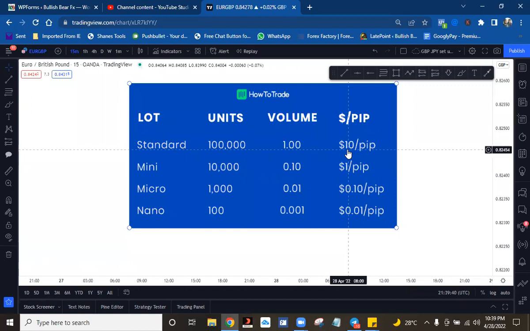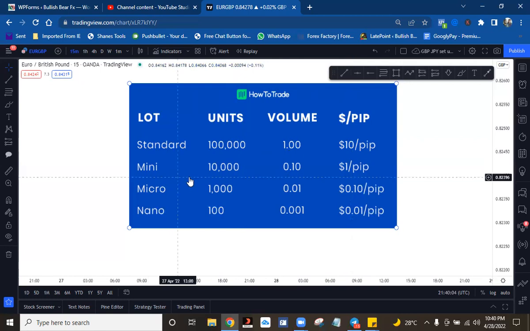Very soon we begin the real calculation and you'll understand it better. Just take note of what I'm telling you. Standard lot size is 100,000 units and is worth $10 per pip.